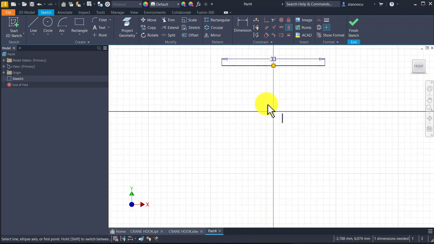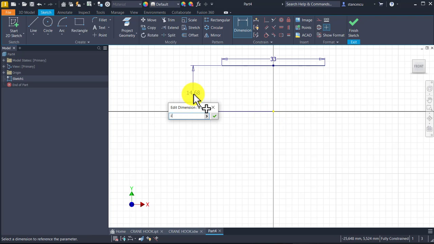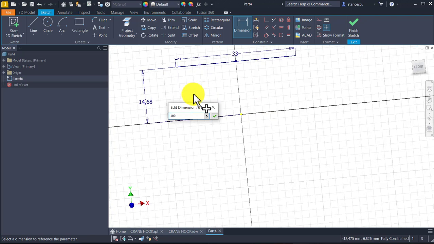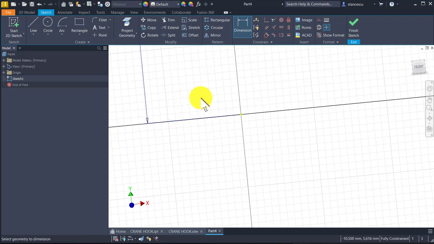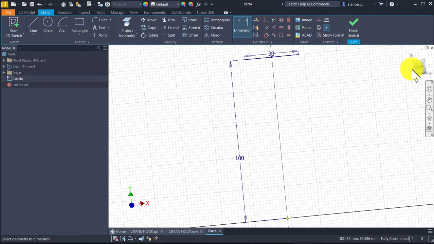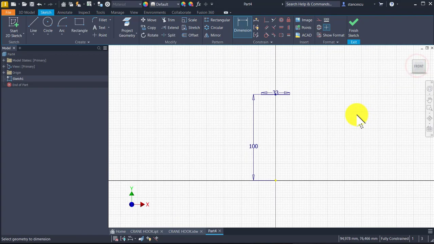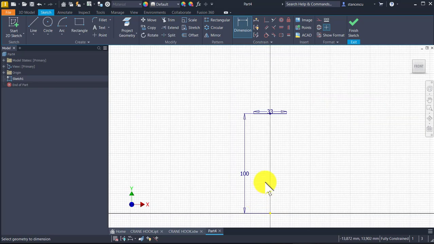This midpoint with the center point. Two names. And 100 is the distance.